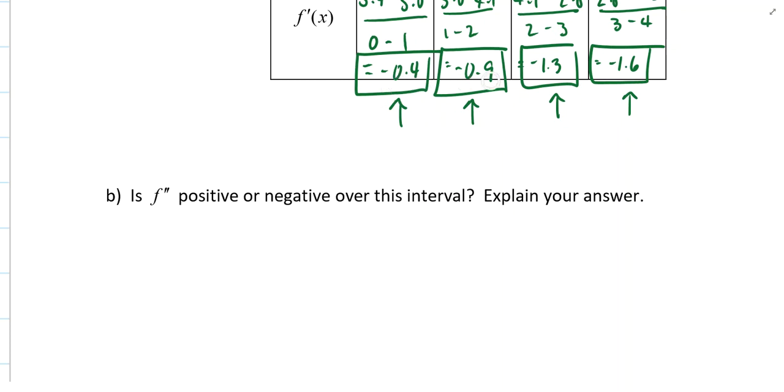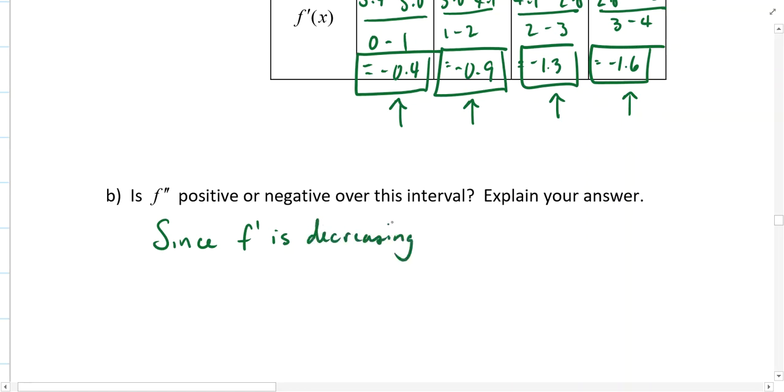It's not like they're remaining constant or anything, but they're continuously getting smaller. So I would say something like this, that since the first derivative is decreasing, then our second derivative is negative.